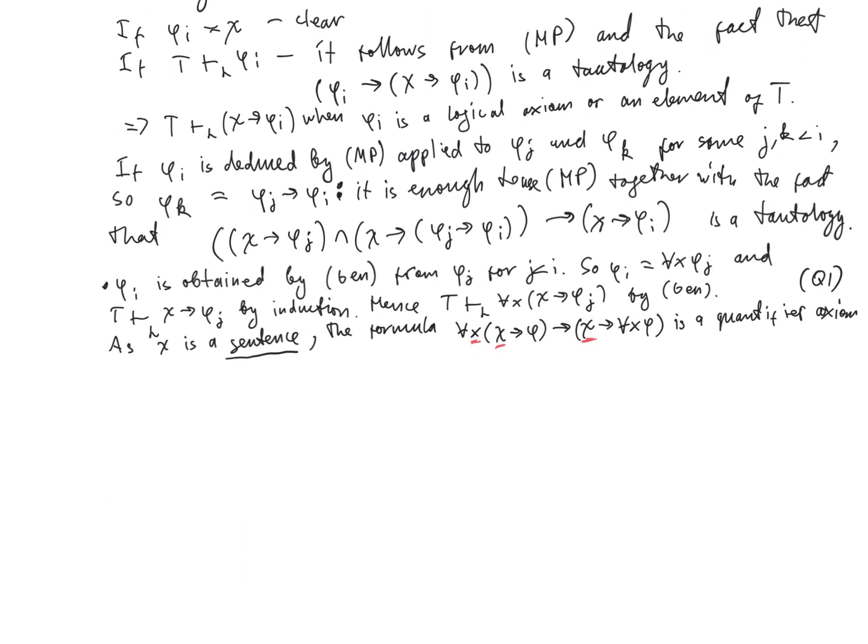So we can conclude that T proves the formula χ implies for all x φ by modus ponens.